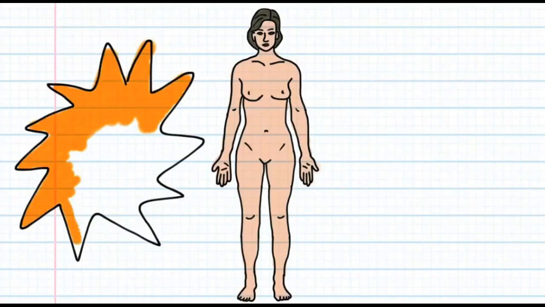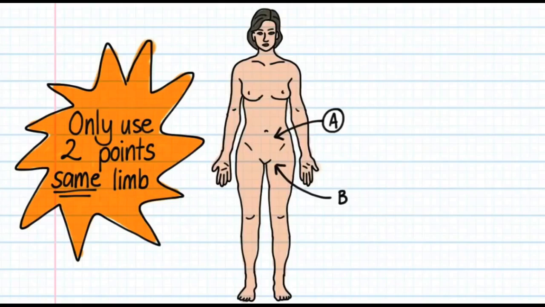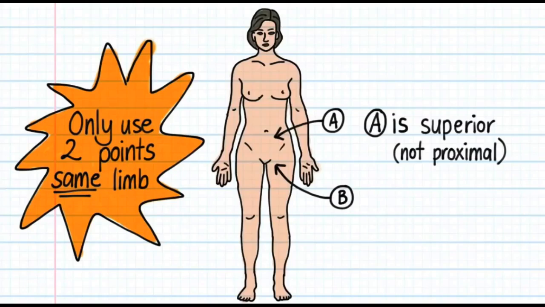Remember, only use the terms proximal and distal when referring to 2 points on the same limb. If a point is no longer on the limb, like point A in this drawing, then you can't use the term proximal anymore. Instead, point A would be superior to point B.